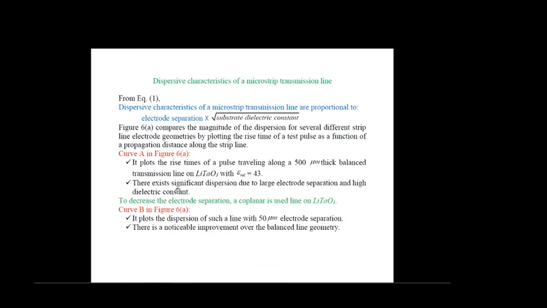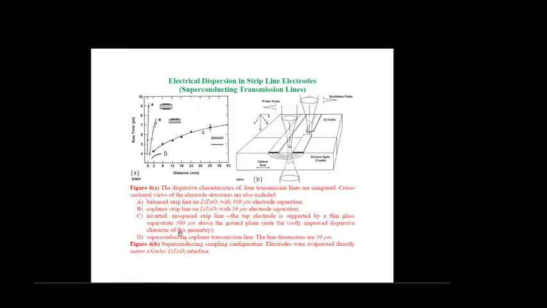Here you see curve B in figure 6A. Curve B plots the dispersion of such a line with a 50 micrometer electrode separation. As predicted, there is a noticeable improvement over the balanced line geometry.